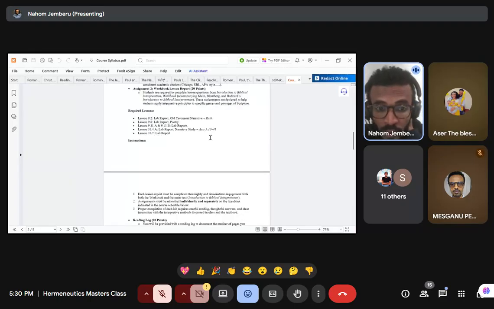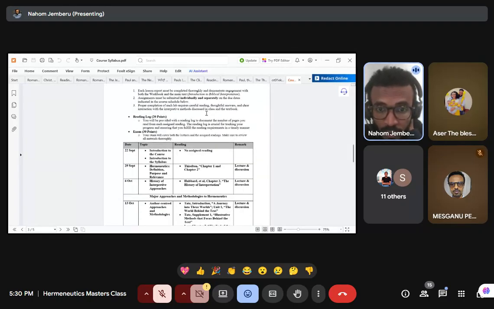And the next one, and I believe the most important one, is your reading log. I encourage you to read the assigned readings and register your reading. I encourage you to actually engage with the material, as I've already mentioned. The best way for you to learn at this level is to read and to write. So read the assigned readings and read them faithfully.